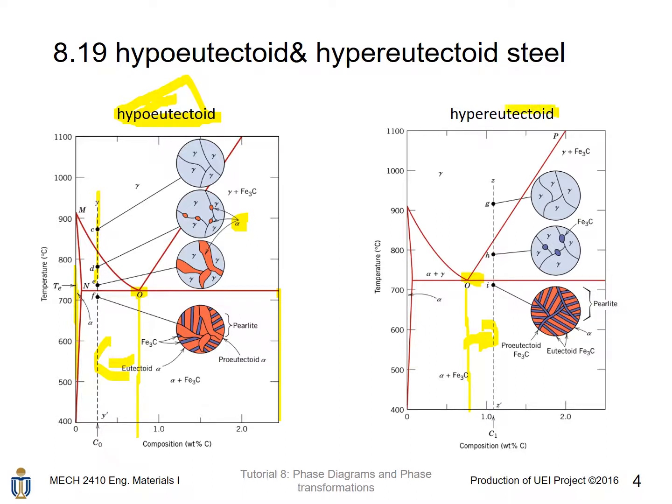For hypereutectoid steel, the argument is also similar, but this time primary Fe3C will form first, and then it will go along the original boundary, and afterwards the pearlite will form.